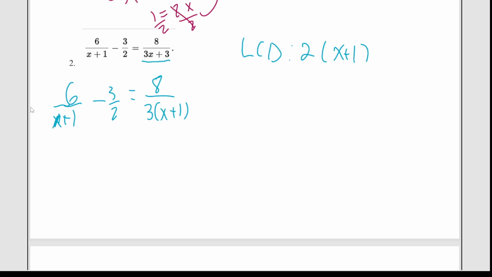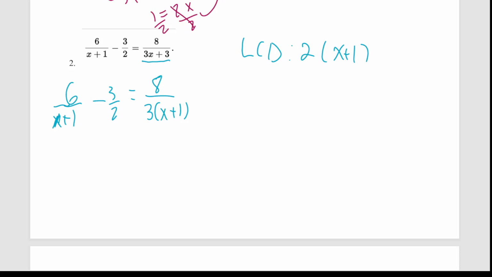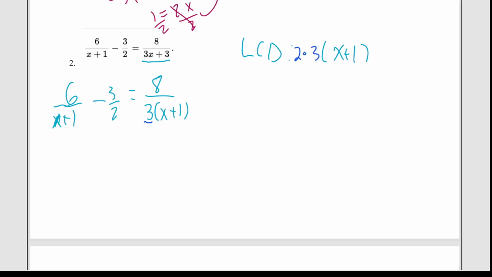And this is what we are left with. So actually we don't need the x plus 1 there, but we do need to toss on this 3. So instead of just a 2 out front, that would be 2 times 3 as part of that least common denominator, aka 6. So I'm going to multiply both times by 6 times x plus 1.